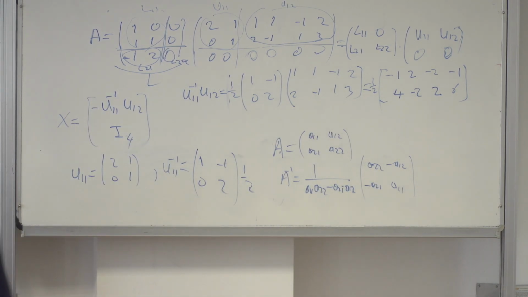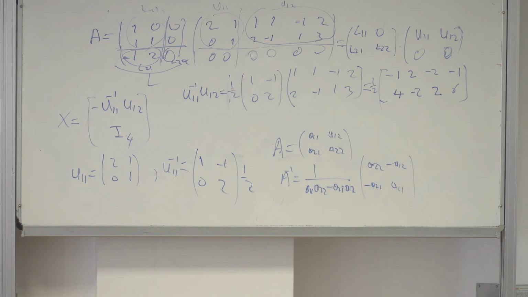Let me see if we made any calculation error. So it is 1/2. So we should multiply this with -1, right? It was minus U11 inverse. You remember it's like this.